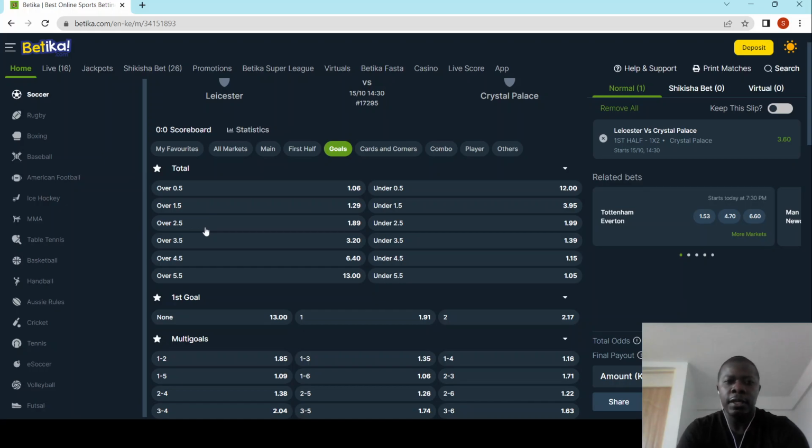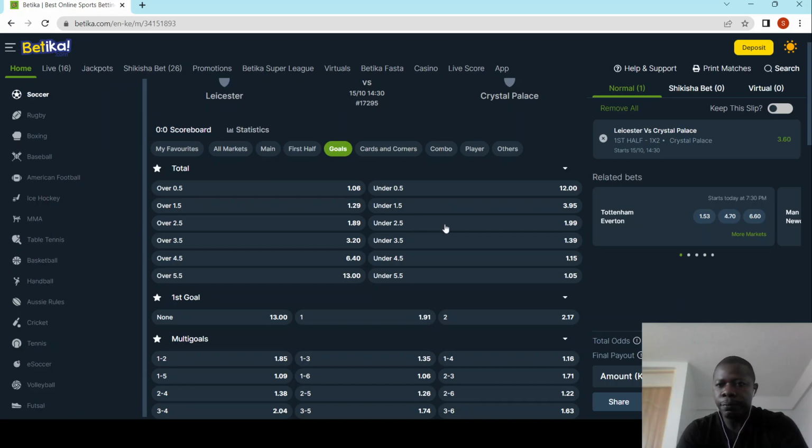The same way, under 0.5 means zero goals. No team is going to score, so it could be ending in a 0-0 scoreline. Under 1.5, you can't have two, it is not under 1.5. So it is one goal, only a single goal, and that is done.